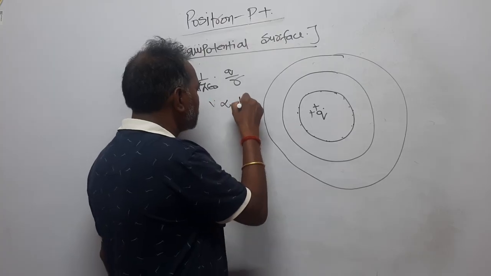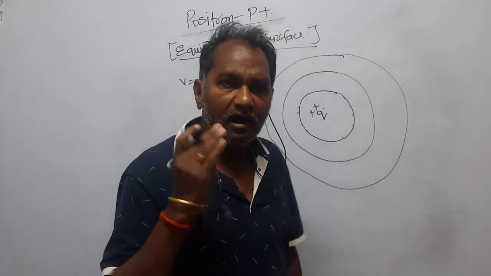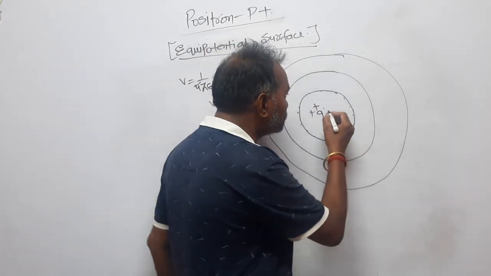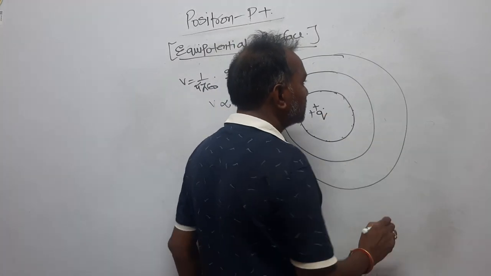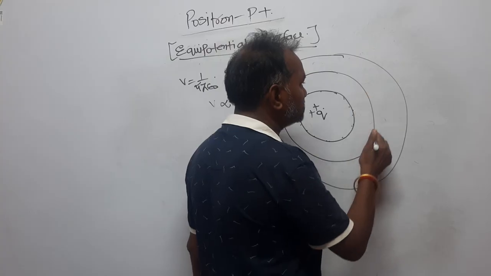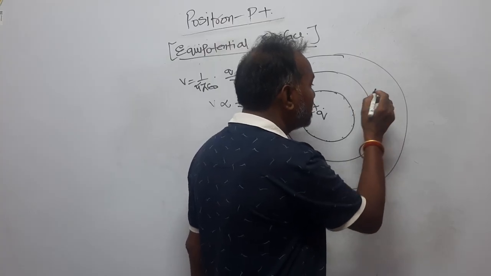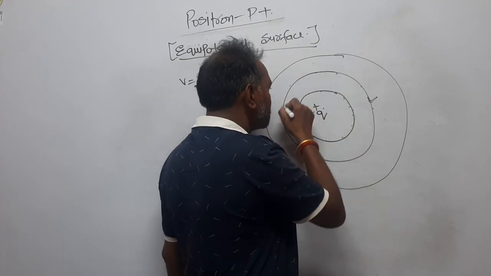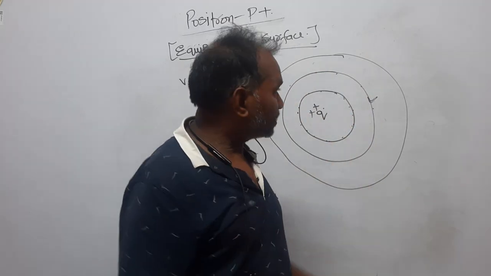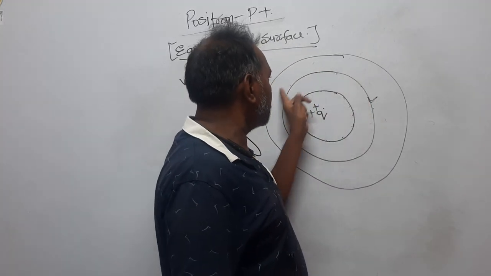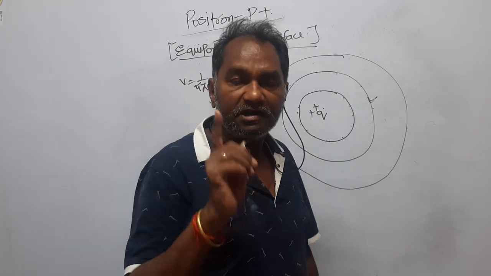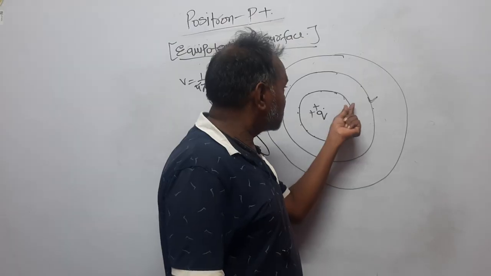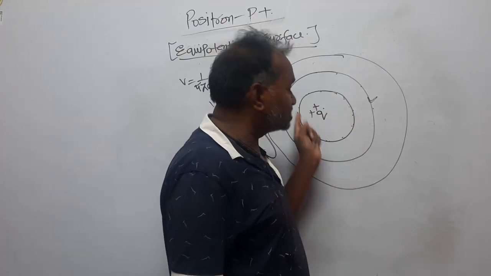V is proportional to 1 by R. If R increases, that is, the radius increases, then potential decreases. As you move away from the center, potential continuously decreases. The potential of this sphere at every point of its surface is constant, but less than the potential of this sphere.